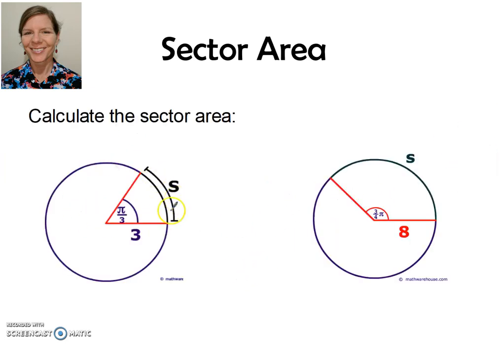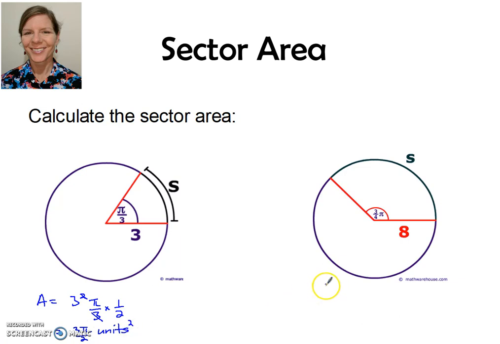Okay, so if we use the same circles we had just a moment before, we've got area is r squared, so 3 squared times theta, pi on 3, and then times a half. So that cancels with that, and you end up with 3 pi on 2 units squared.